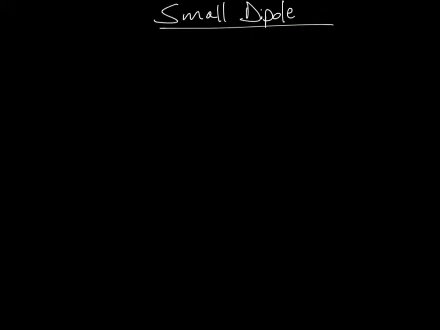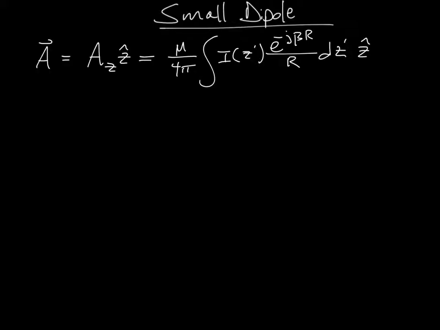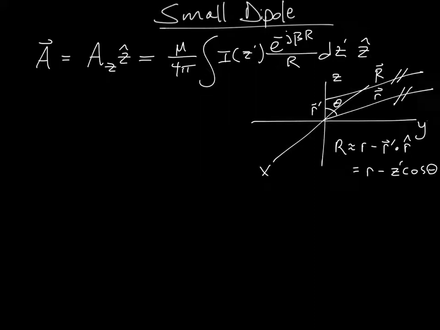Now let's look at the non-ideal case for electrically small dipoles. We'll take a current oscillating in the z direction for simplicity again, and we're still using the same development with the Green's function method used to solve the Helmholtz equation up to this point. This time we use the parallel ray approximation for R due to the finite extent of the dipole in the z direction. This is a first order approximation.